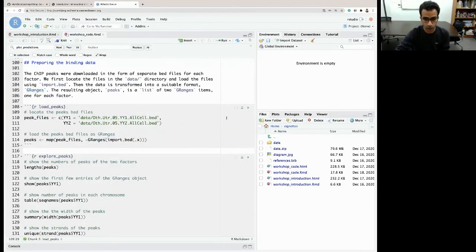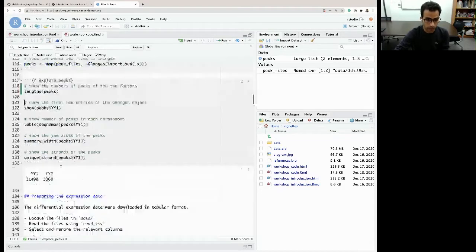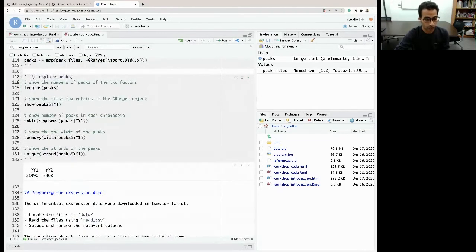This code chunk here would do that, so I'll go on and execute it. The resulting object is called peaks, and it's a list of 2 GRanges objects. We can look here to see we have over 3,000 peaks for the first transcription factor, and about 3,300 for the second transcription factor.